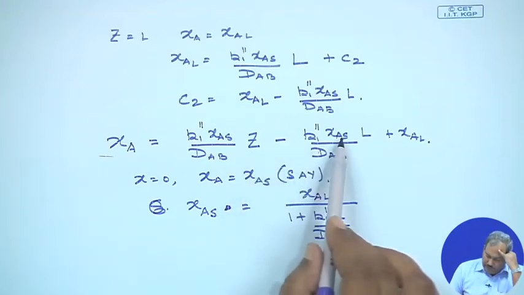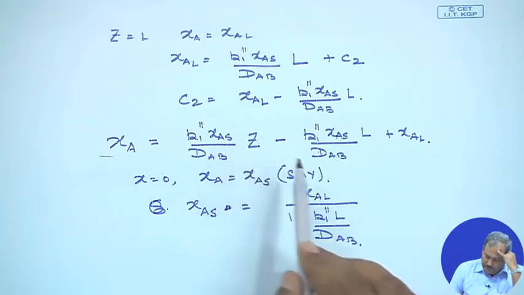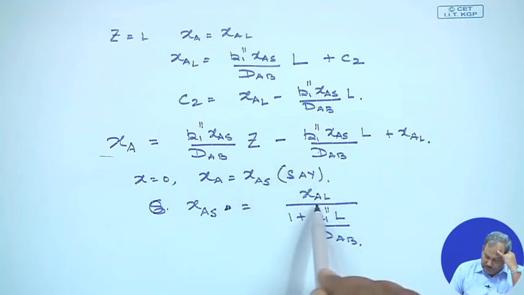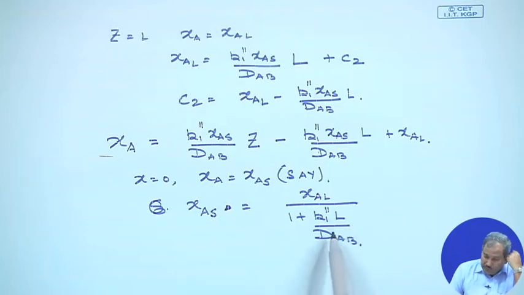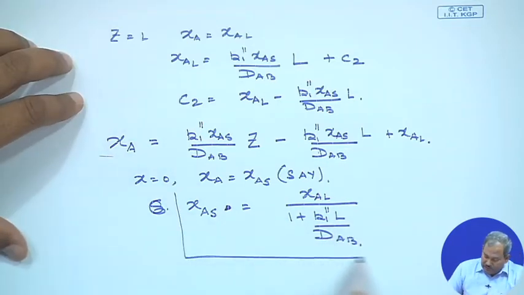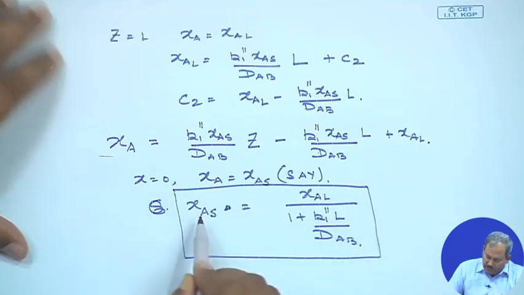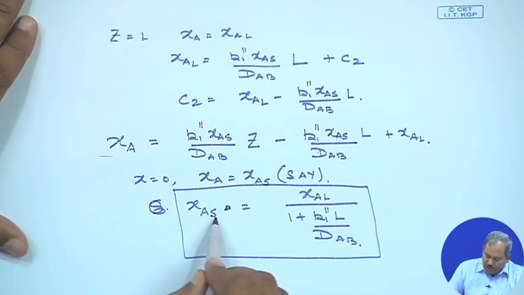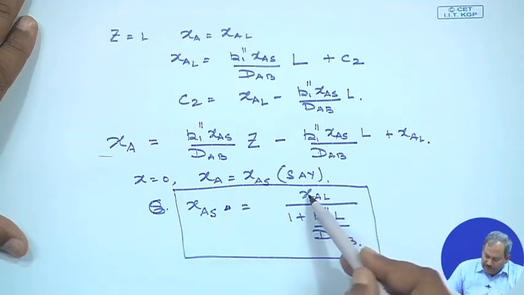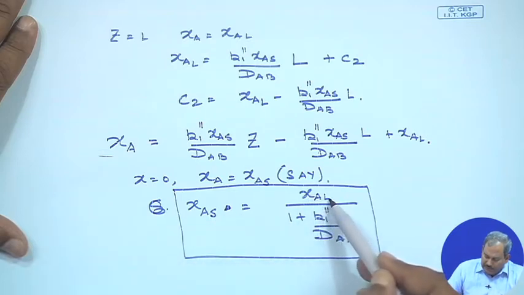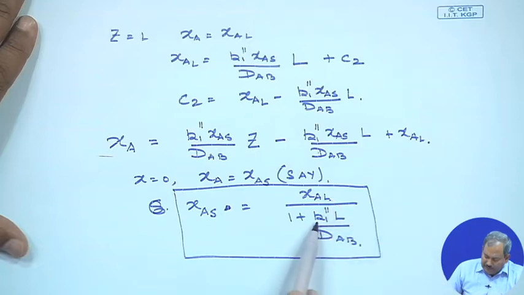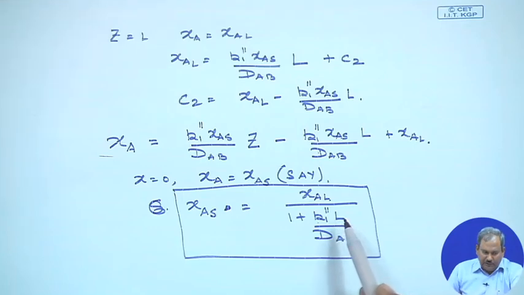If you take XAS common out of this, what you would get is XAL divided by 1 plus K1 double prime L by dAB. So, I have obtained an expression for XAS, the mole fraction of component A on the catalyst surface, in terms of the mole fraction of component A in the exhaust gases, the rate constant of the reaction, the diffusion coefficient of A in B, and the thickness of the film.